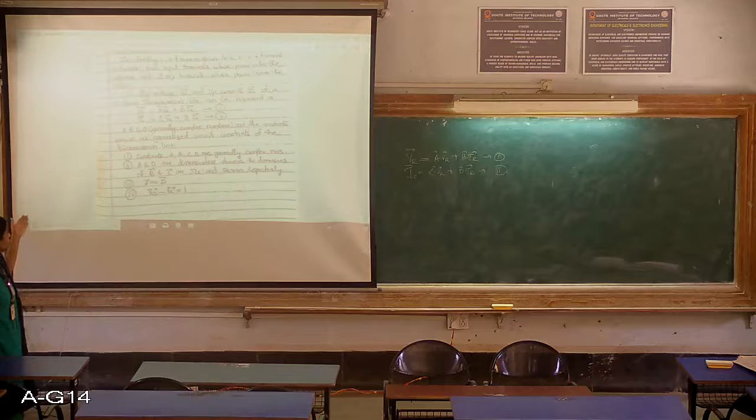These ABCD, which are usually complex numbers, are called the generalized constants of the transmission line. They have 4 features. First, they are usually complex numbers. A and D are dimensionless, B is ohms, C is Siemens, A is equal to D, and AD minus BC will always be equal to 1.